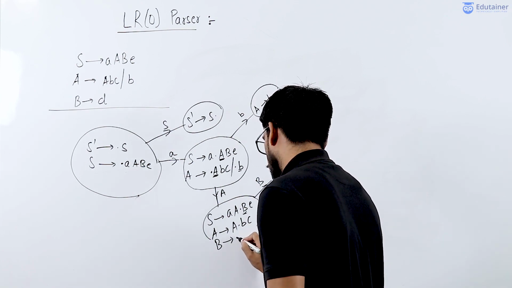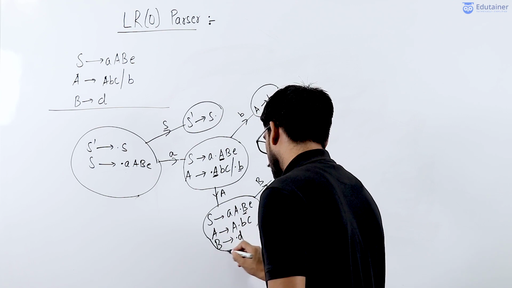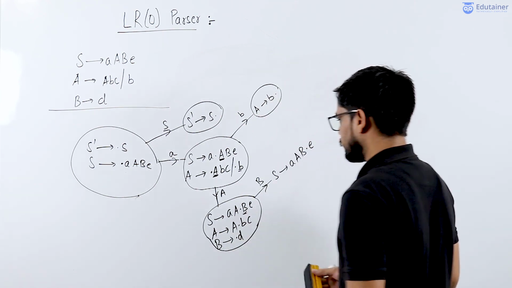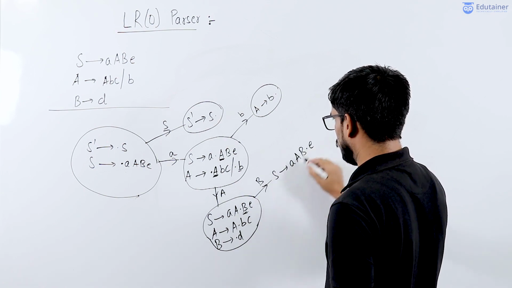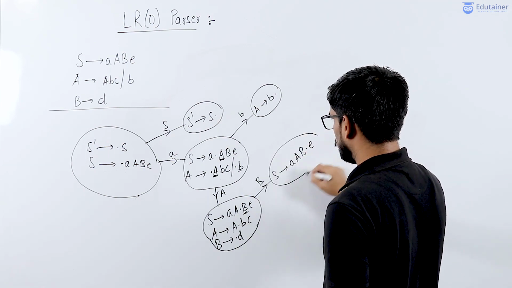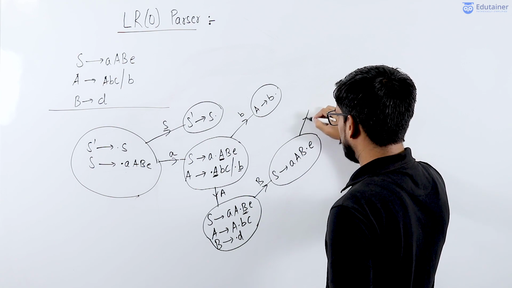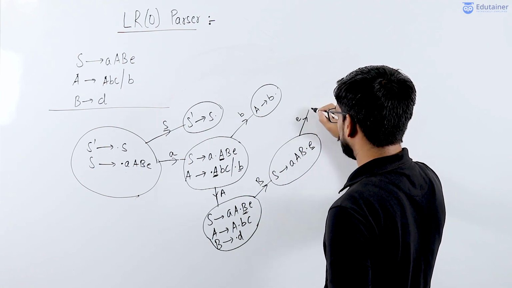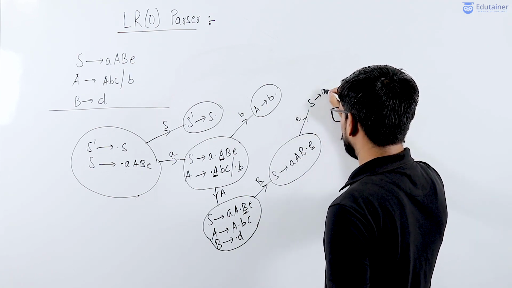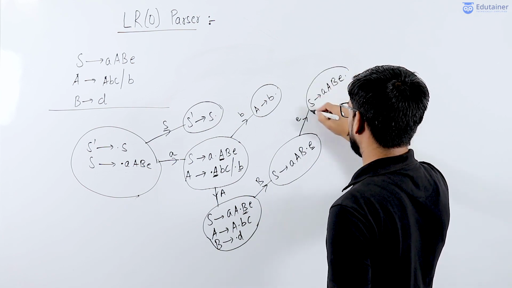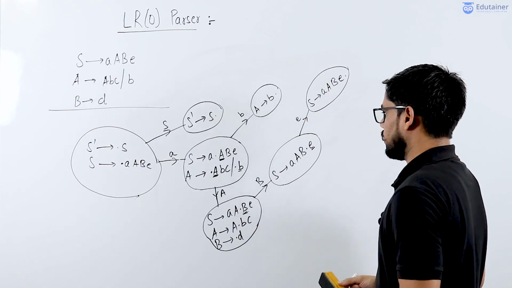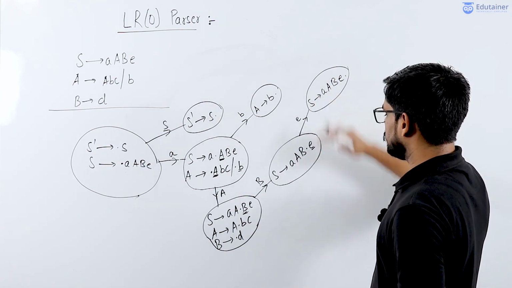So the B production is B derives dot D. And for this B I have taken a goto move. And eventually after this E, we will reach a final item, S derives A B E dot. So it eventually comes to an end.